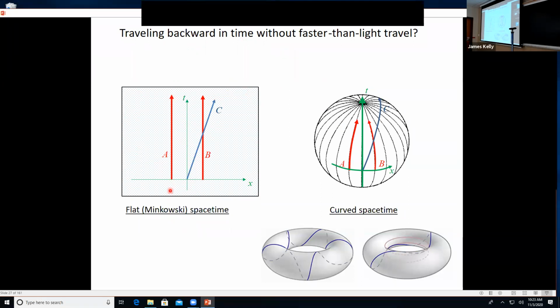Even when you're moving in any given way, that just corresponds to a tilted line going forward, but it's always going upwards in time. So it doesn't seem like there's any easy way to get back in time. Although we'll find out that if you can send faster than light signals, we can actually send signals backwards in time, which causes all sorts of problems. In any case, it's not so clear how a human being would get backwards in time here.